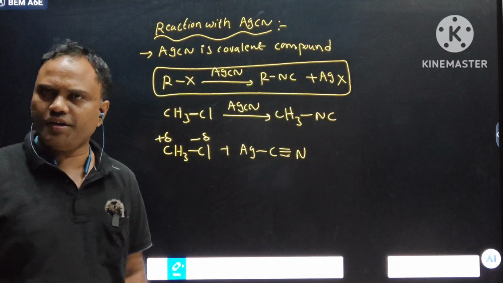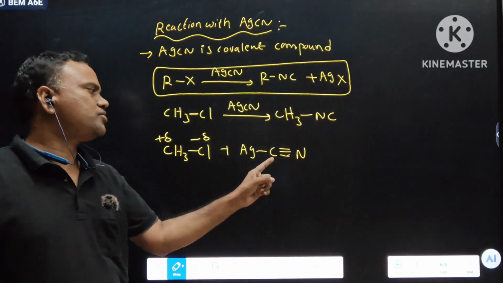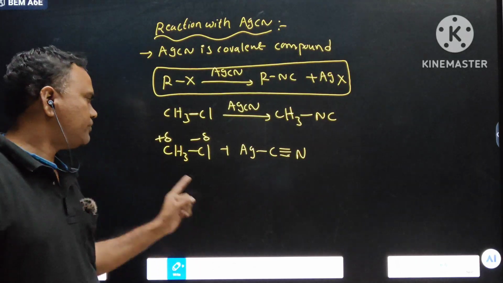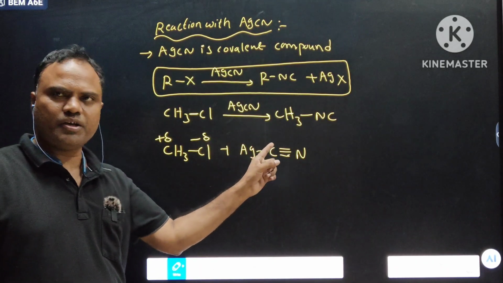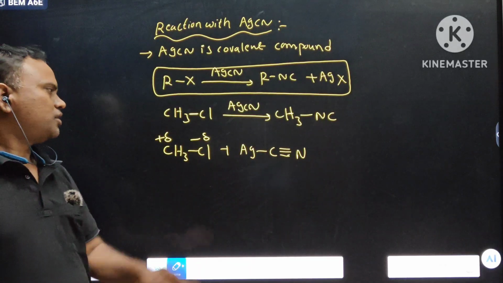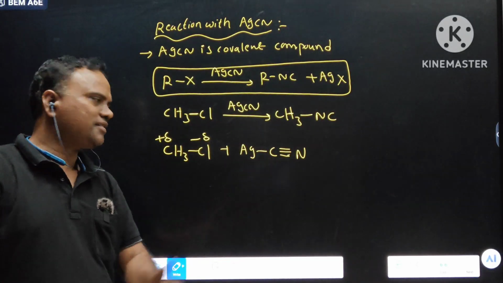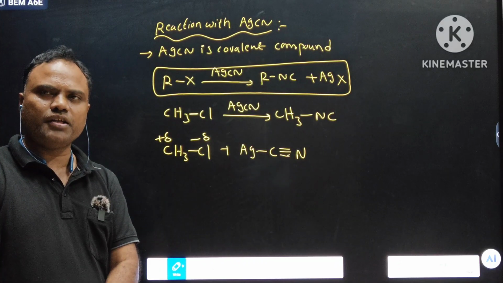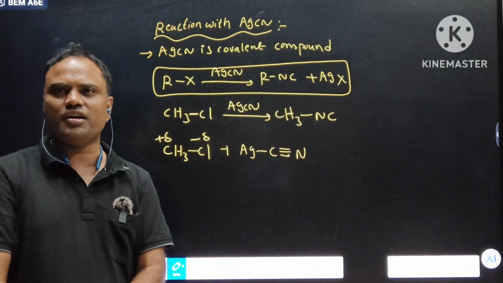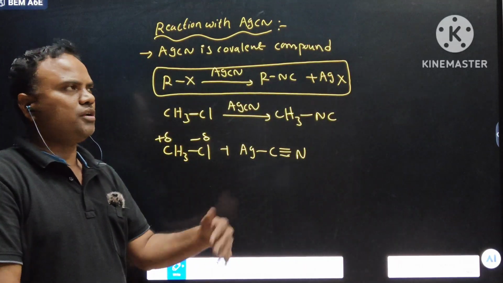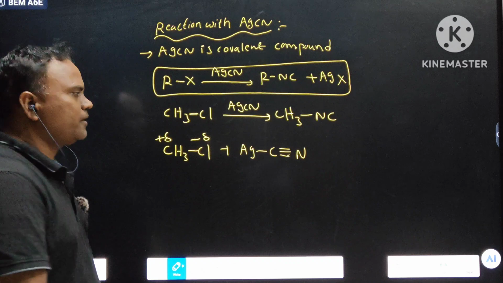Carbon is not having any negative charge, so there is no chance of linkage of carbon with this carbon atom. Clear? If carbon is having any negative charge, then that carbon with a negative links to this carbon with a positive. But in this case, is the carbon atom having any negative charge? No, because it is not undergoing dissociation. If it undergoes dissociation, then carbon will get a negative charge. Clear?